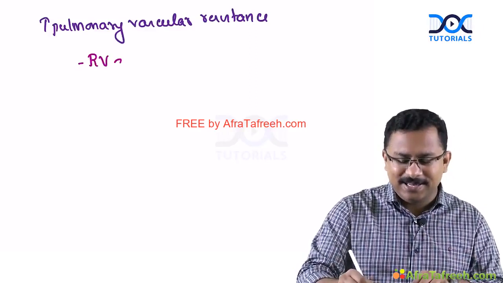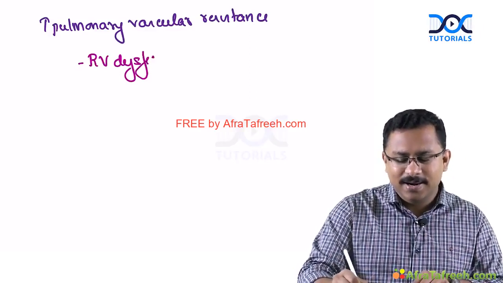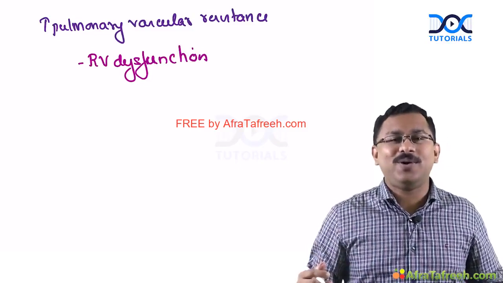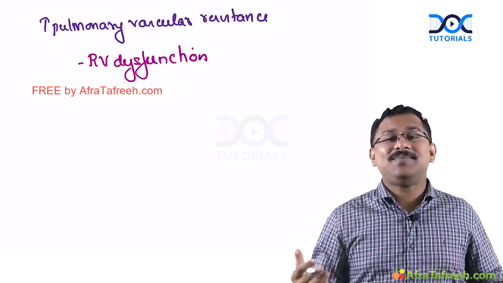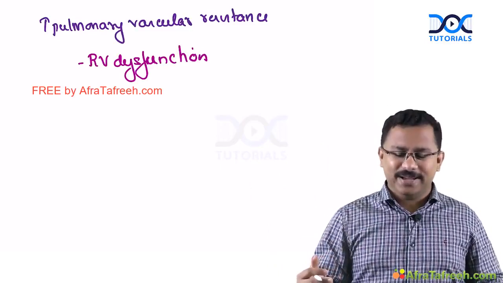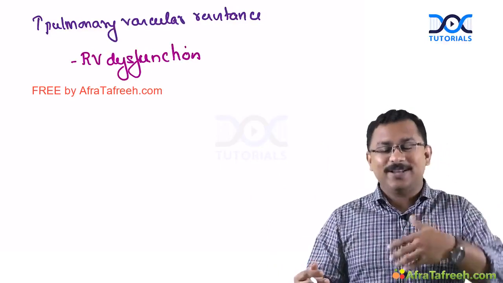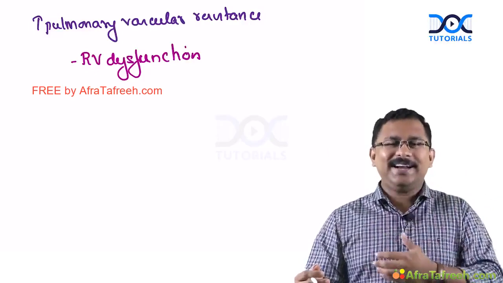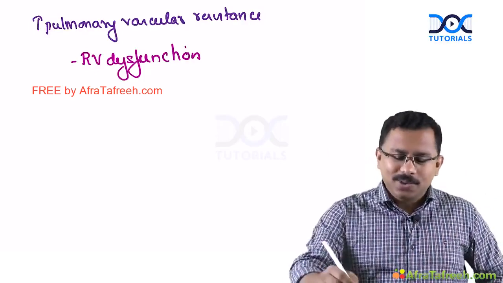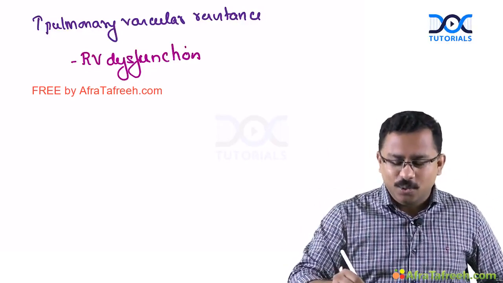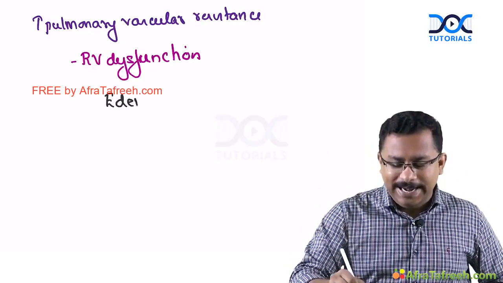RV dysfunction, right ventricular dysfunction, because of which the patient can go on to develop signs and symptoms of right-sided heart failure. So it begins as a left-sided disease but can eventually lead on to a right-sided problem also. So the patient can eventually in the disease process go on to develop, say, edema.